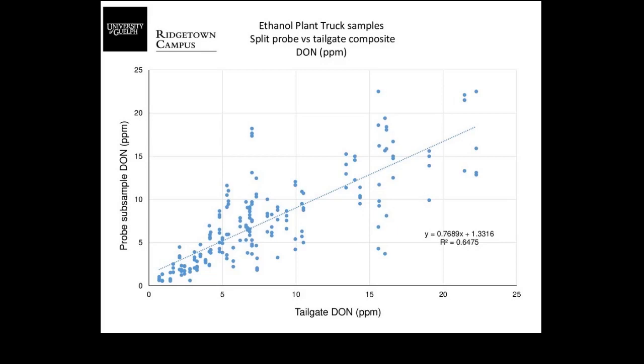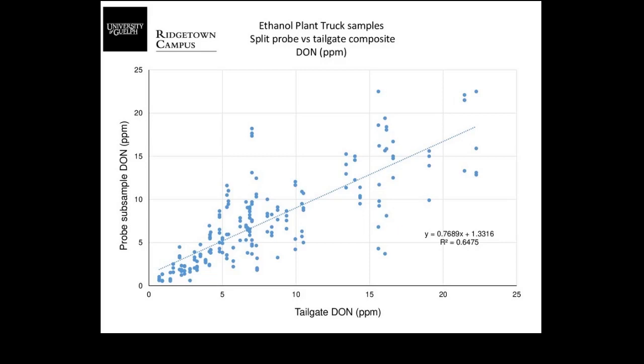So we looked at this by comparing with a whole bunch of trucks. I can't remember, it was probably close to, I think there's 80 trucks in this result here.